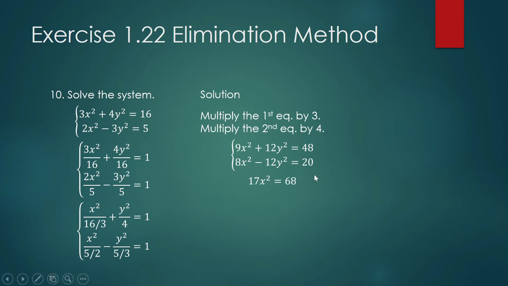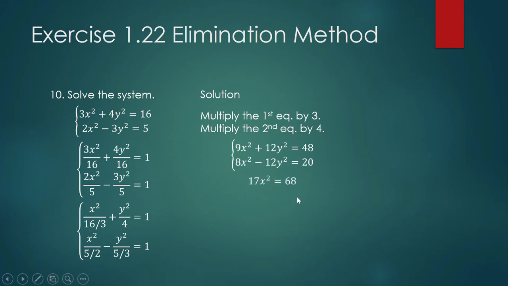I will now add the two equations. And after adding them, you will now understand why I multiply the first by 3 and the second by 4. You add similar terms. 9x squared plus 8x squared is 17x squared. Positive 12y squared plus negative 12y squared is 0.